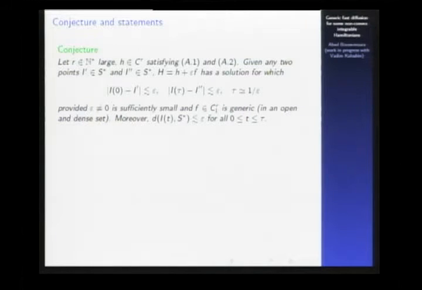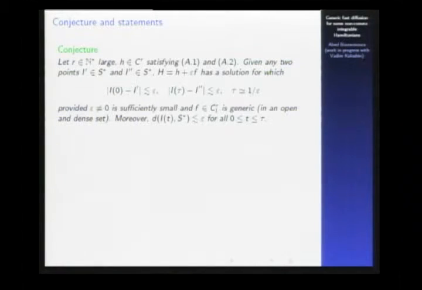If, for example, in the case of Arnold's conjecture for convex systems, this should be exponential. In our case, we don't need it; in the conjecture for generic perturbations, we don't ask for the time you need to go from there. Here, I want the time to be exactly this one. Provided epsilon is sufficiently small and F is of class C^R, I put a 1 here to say it's the unit sphere in the space of C^R functions.